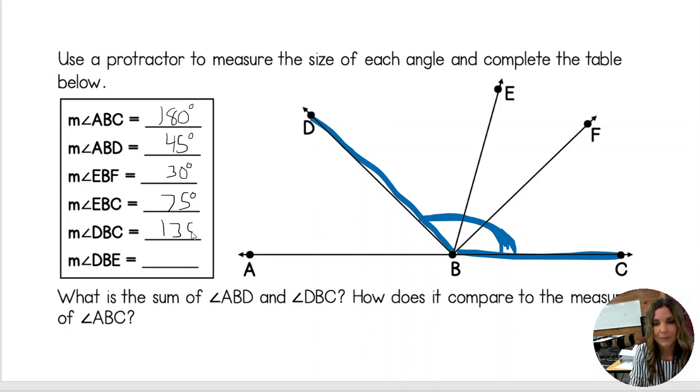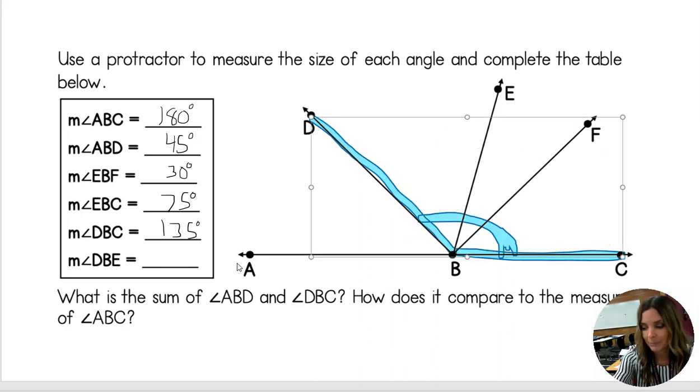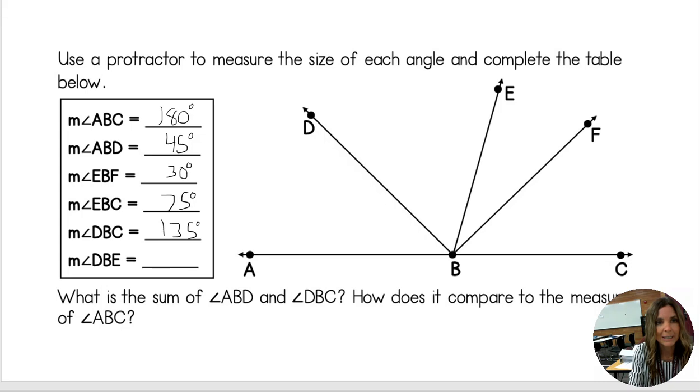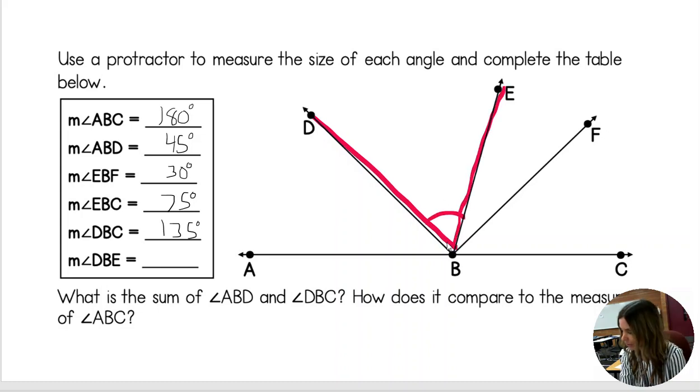You can see that's a really big angle compared to the other ones we have measured. And then the last one is DBE. I'm going to start at D, go to B, and then go to E. And that is this measure right here. That is 60 degrees.